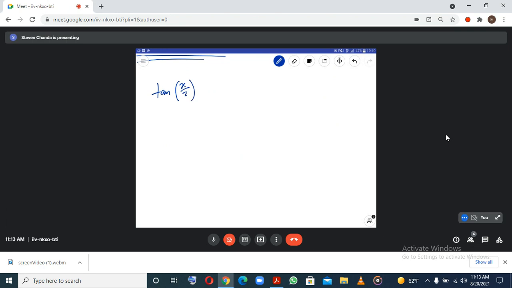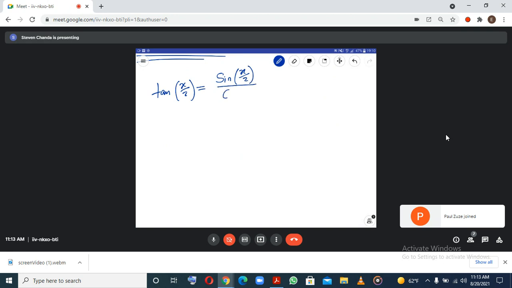So we know that tan is sine over cos, isn't it? So meaning that, if you want, you can get the half angle formula for this.